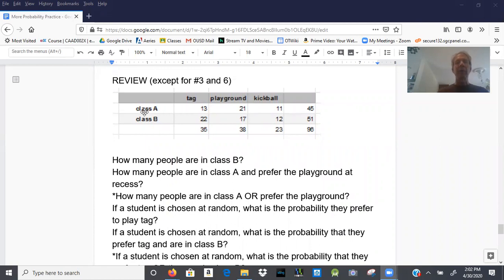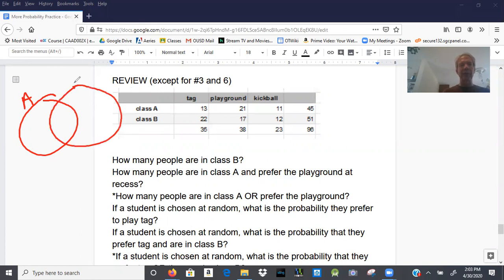But in particular, I want you to notice, I can have class A in a circle and anybody who's not in class A outside the circle. I can't do that with this question. I can't create a Venn diagram with this because for my first circle, everybody is either in class A or they're not in class A, which means they're in class B. But for the second one, what do you prefer at recess, there's not a single answer for that.